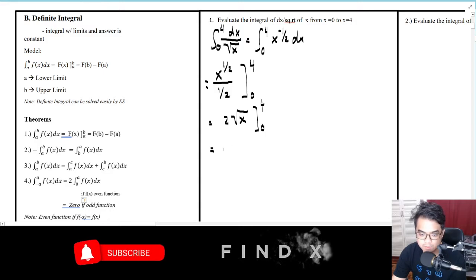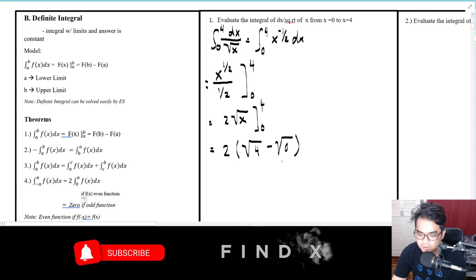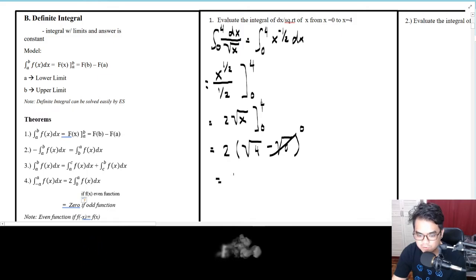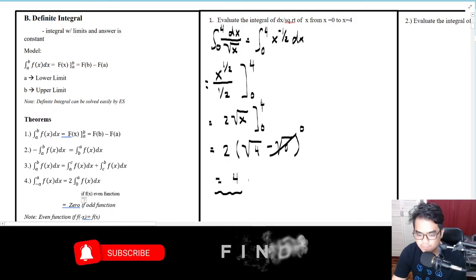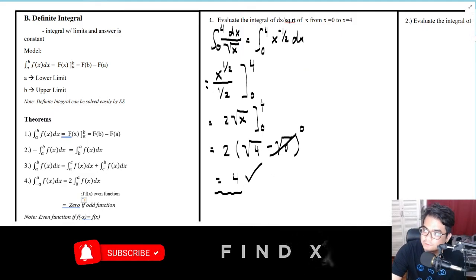You can actually bring the 2 out, and then 2 times the square root of x: substitute the upper limit first, and then minus substitute the lower limit. Of course, this will just become 0, and then this is 2, so 2 times 2, so the answer is just 4, and this will be your final answer. So let's go to the next one.